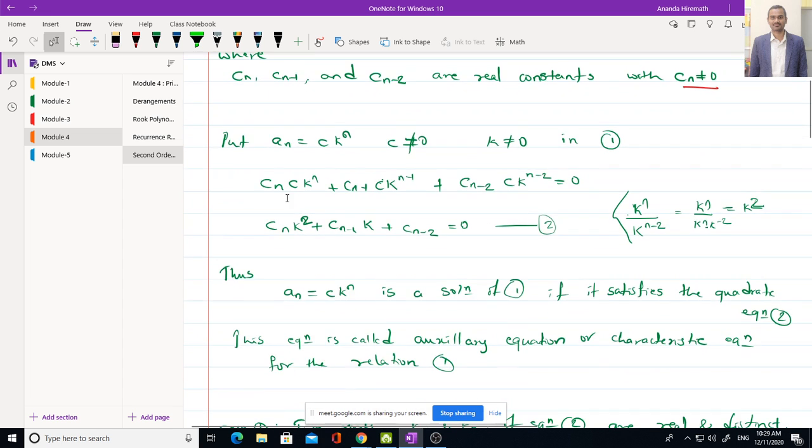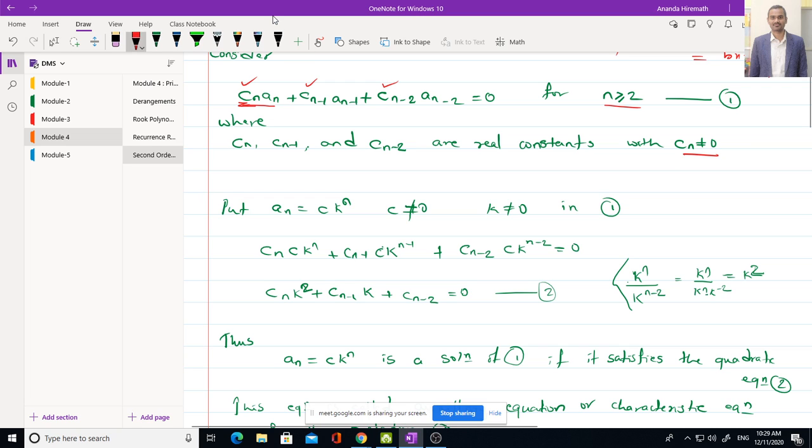Then let us put An is equal to c k raised to n, as we have seen previously, where c is not equal to 0 and k is not equal to 0. If I put it like that, instead of An we put c into k^n. Cn minus 1 is already there, but instead of An minus 1 we have c as it is, so k raised to n minus 1.